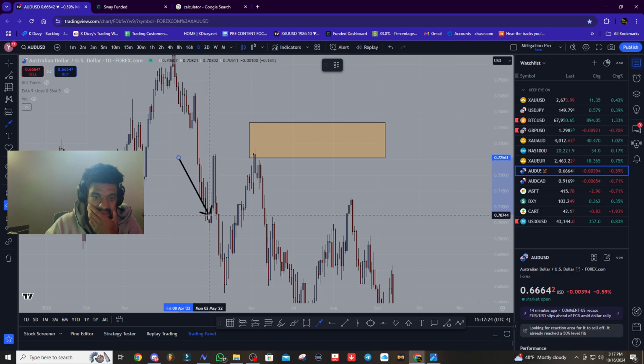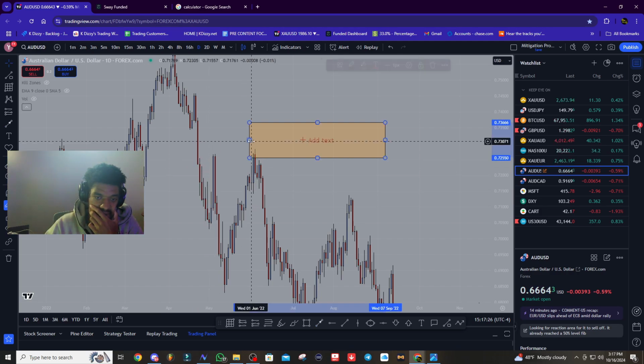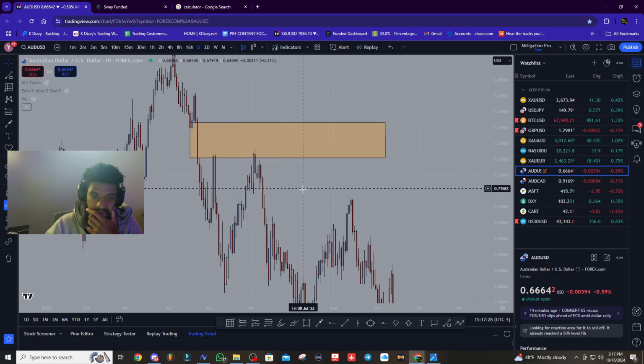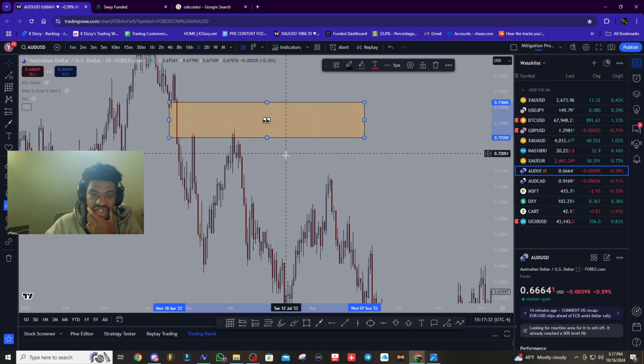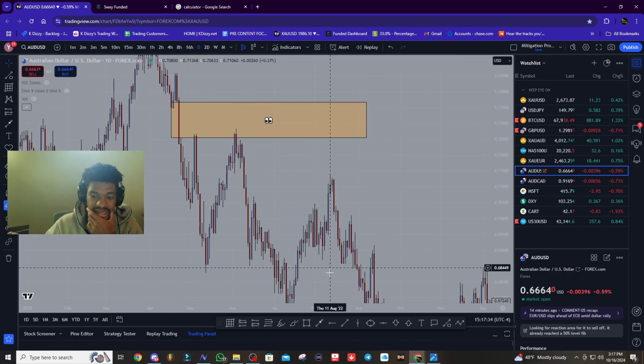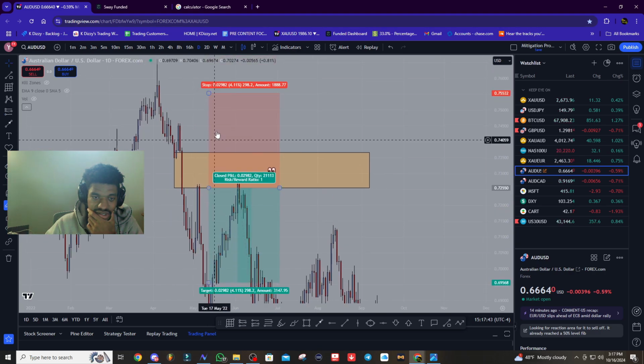If you did mark this as an imbalance, this is how it played out. So once again, showing that it respected. And like I said, if you are seeing this in the moment, you could put an entry like this.